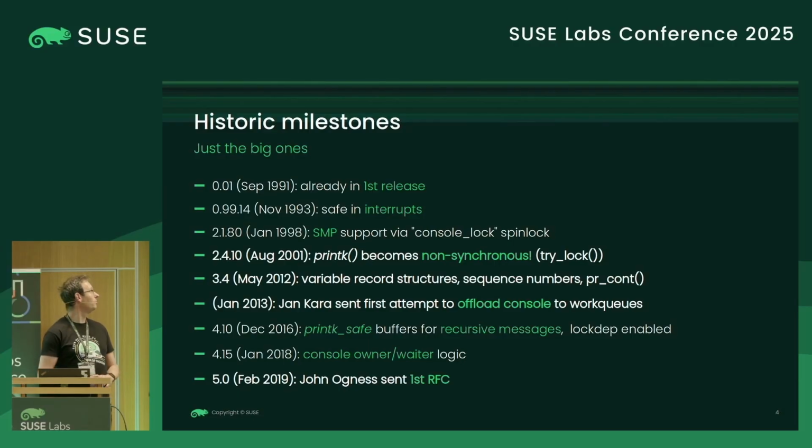And it got more complicated. Over the years, it got fixed to work in a safer way, in more contexts, like interrupt context, and to work safely with more CPUs when they started to be around. Then, 10 years after the first release, an interesting hack was added to work better with more CPUs.